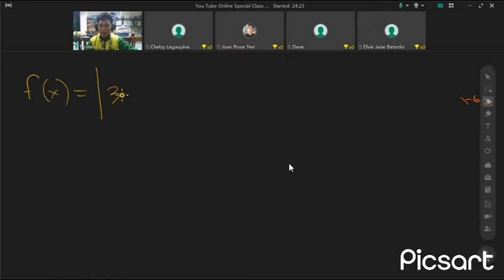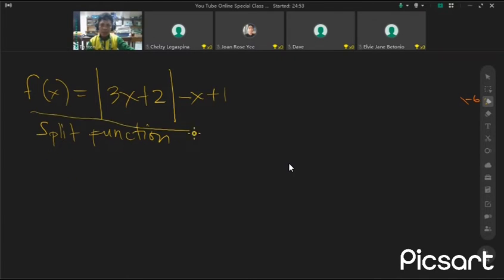Like for example, 3x plus 2 plus, let's say, minus x plus 1. We cannot sketch the graph of this unless we do the split function. Why split function? Because we need to get the negative side and the positive side of this function. That is why we are to rewrite this function into a split function.